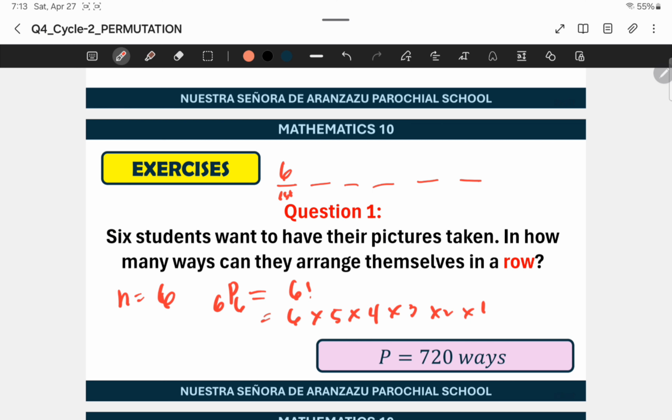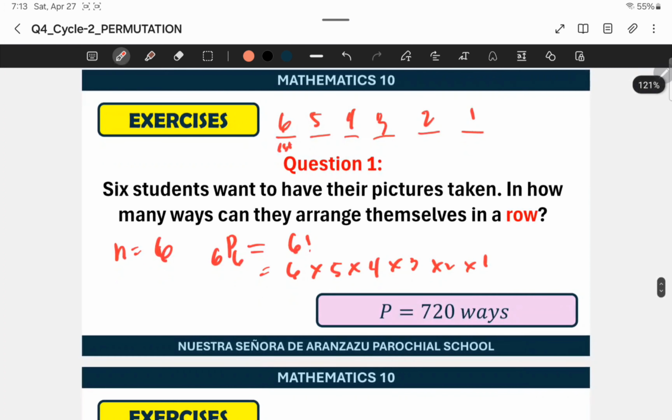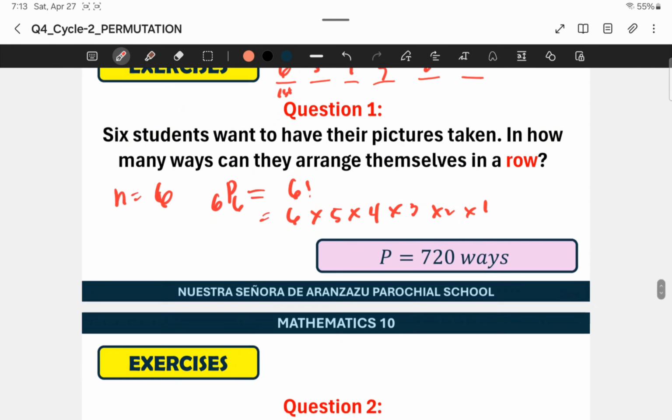Let's say merong student A, B, C, D, E, F. Now, kung si student A nakaupo na dito sa first position, so sa second position, yung choices na lang natin yung B, C, D, E, and F. So that is 5, and that continues until 1. Okay, so that is question number 1, and that is equal to 720 ways.